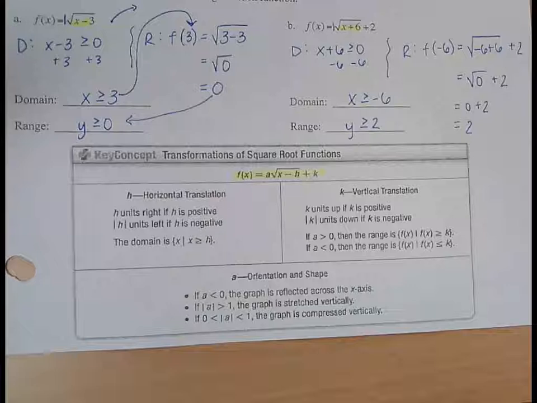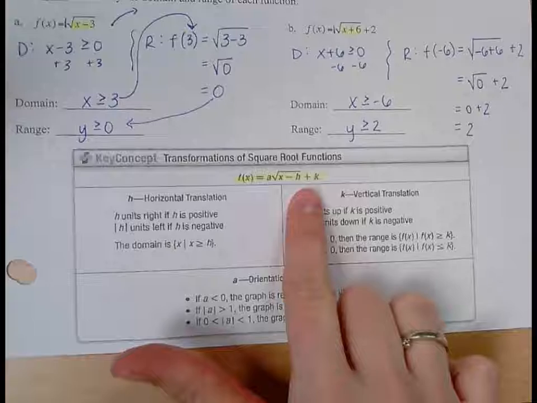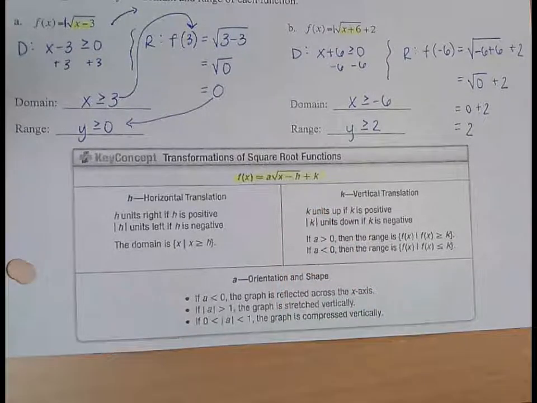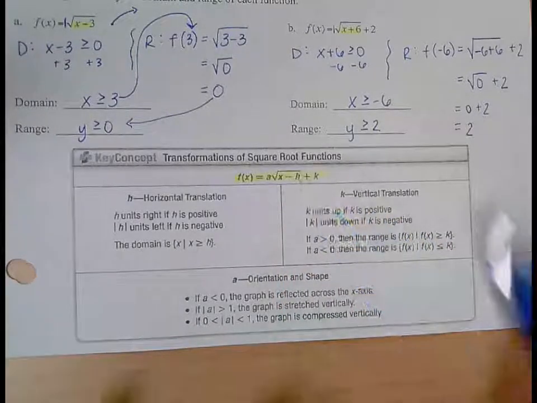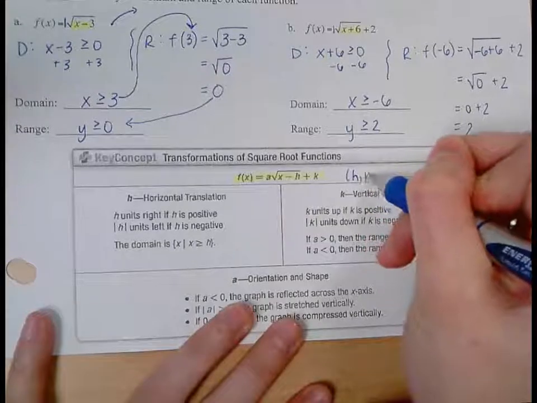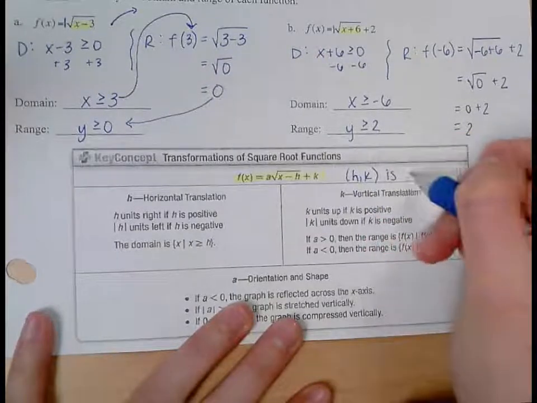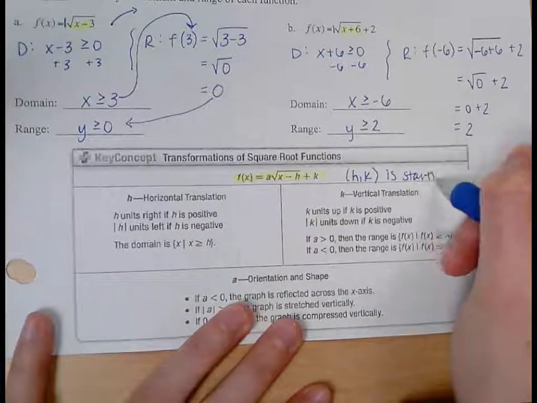In a parabola, this is called vertex form because the vertex was the ordered pair (h, k). So if you knew what h, k was, you could identify the vertex really easily. (h, k) is also a very important point in a square root function. For a square root function, (h, k) is the starting point or the end point.